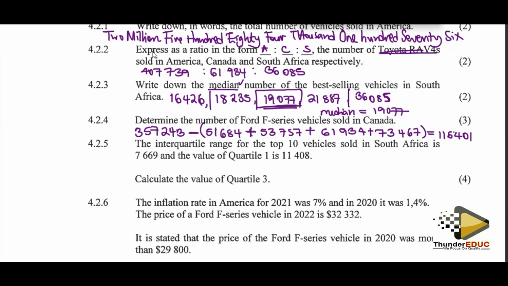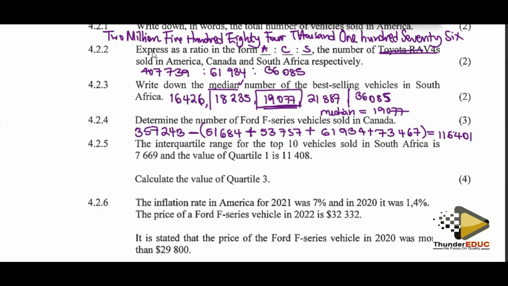The interquartile range for the top 10 vehicles sold in South Africa is 7,669. And the value of quartile 1 is 11,408. Calculate the value of quartile 3, which is the upper quartile.